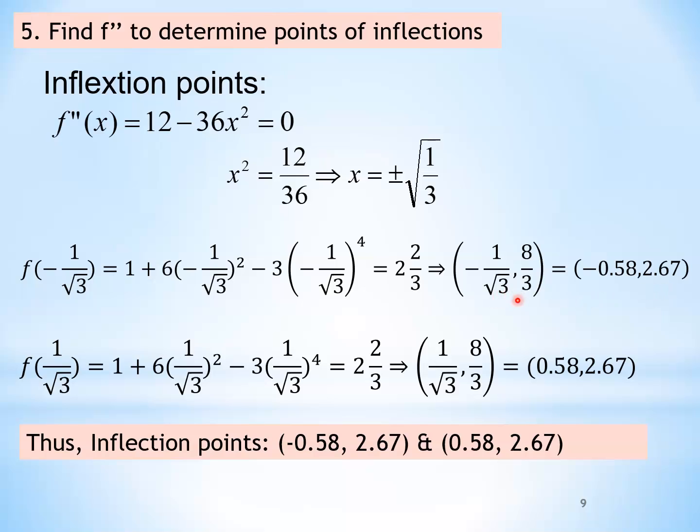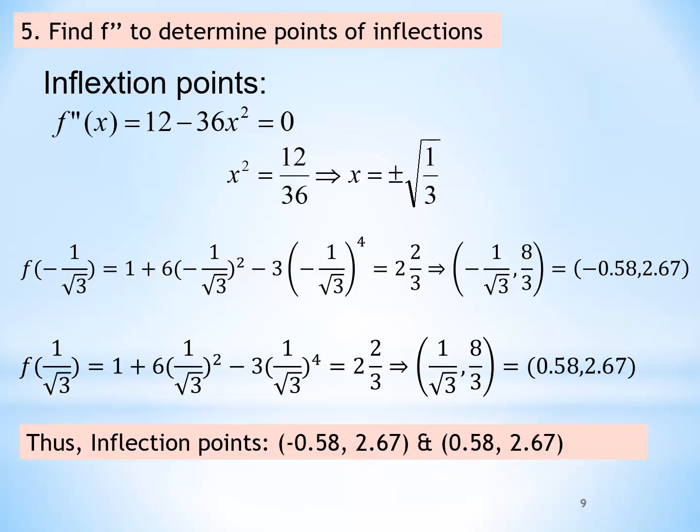Okay, it's actually the third one. I change it into decimals, and then we have another x value, which is positive 1 over root 3. Again, substitute into the f function, then you get this point. So now you have 2 inflection points, which are these.